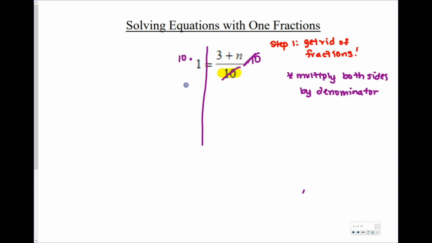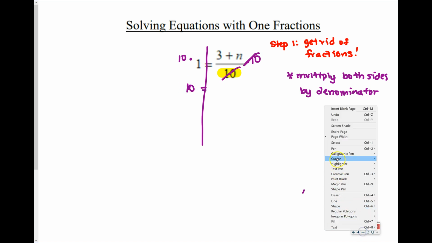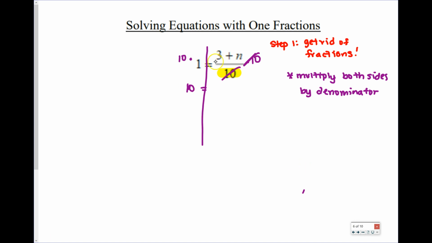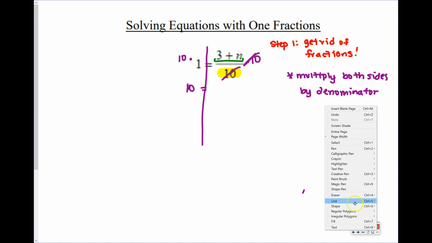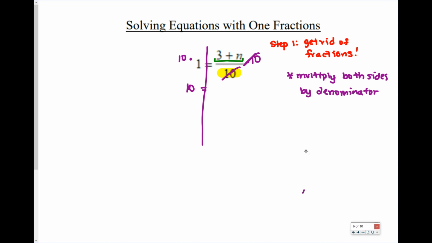So 10 times 1 is 10. And then on the right side, this is the strange part. On the right side, I'm left with this thing right here, which is 3 plus n. So be very careful when you write your next step that this becomes 3 plus n. Now you've got an equation that you kind of know how to work with, right? This one's easy.